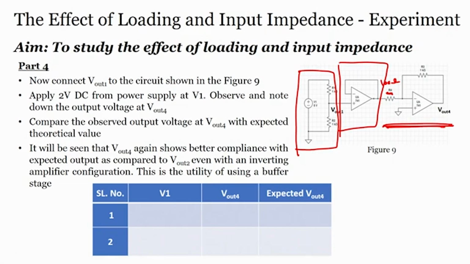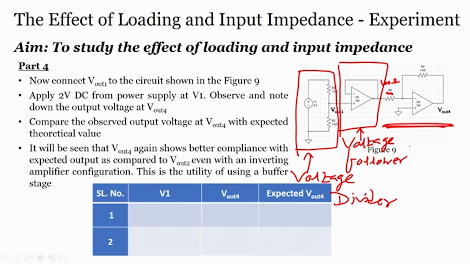So, we have the voltage divider, we have the buffer, or we can say voltage follower, and we have the inverting amplifier. We have these 3 circuits.